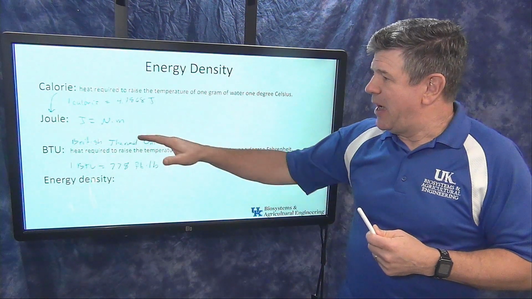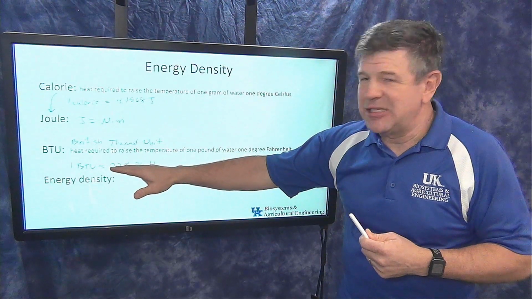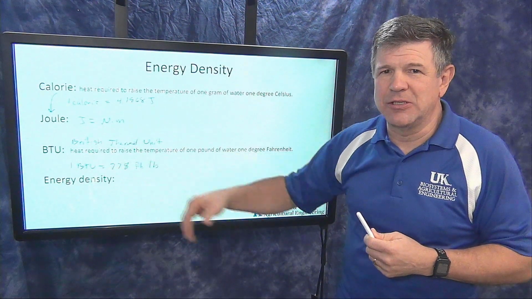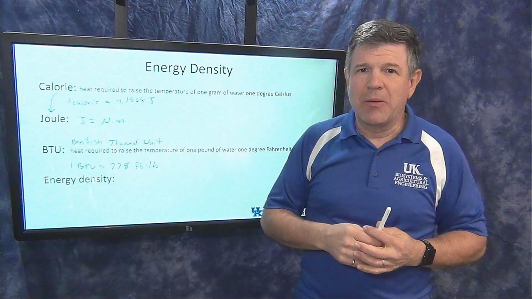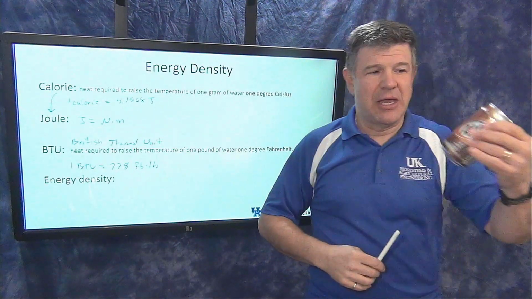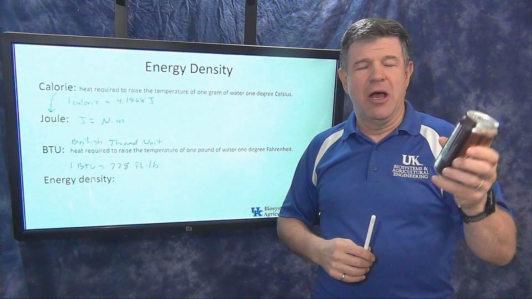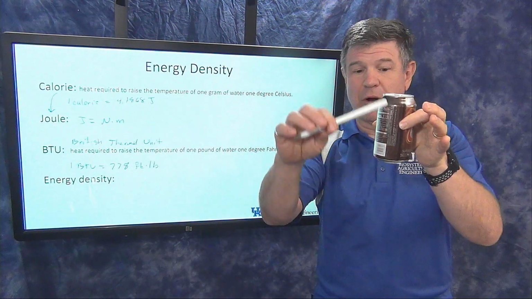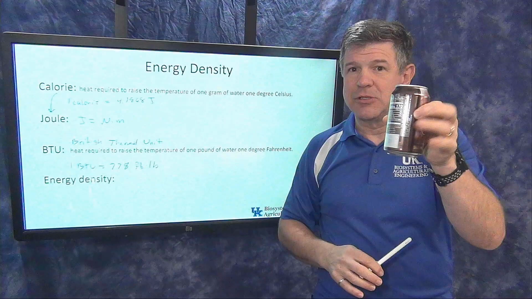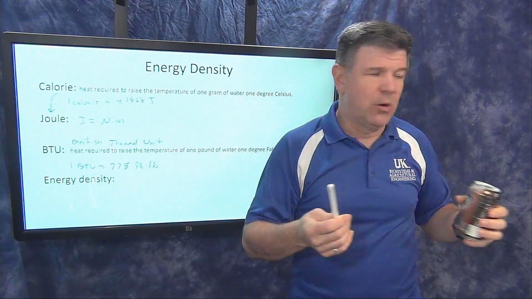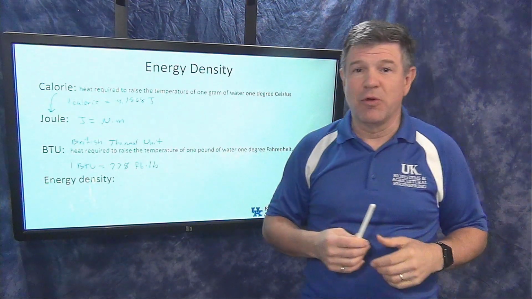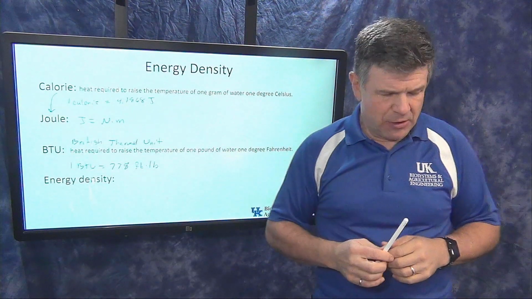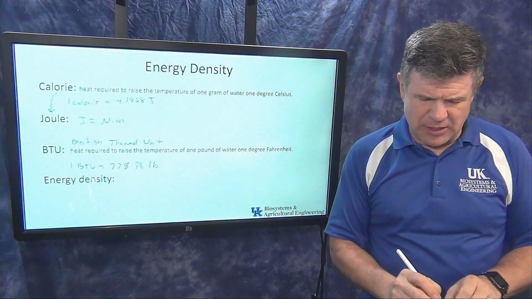Now, we talk about energy density. If we go back to my soda can, I have so much energy in there, 170 calories, but this is 170 calories per 12-ounce can, which is what this can is. So I need to know those same kind of units for my fuel. What I'm going to use is an energy density. And we could do this a couple different ways.